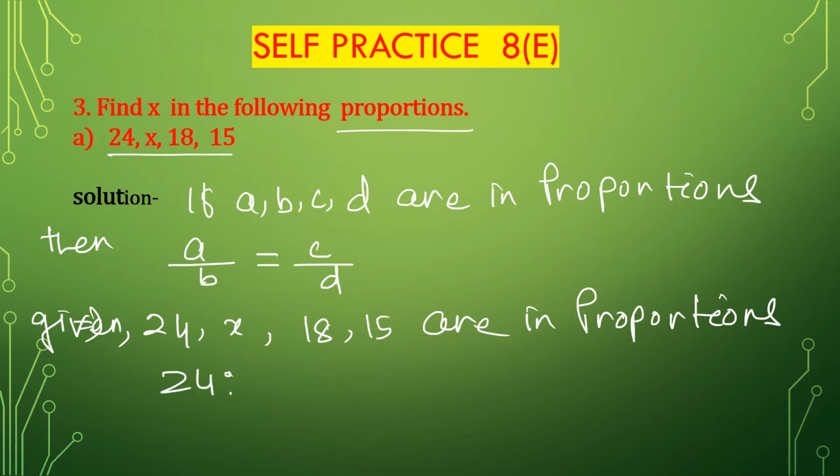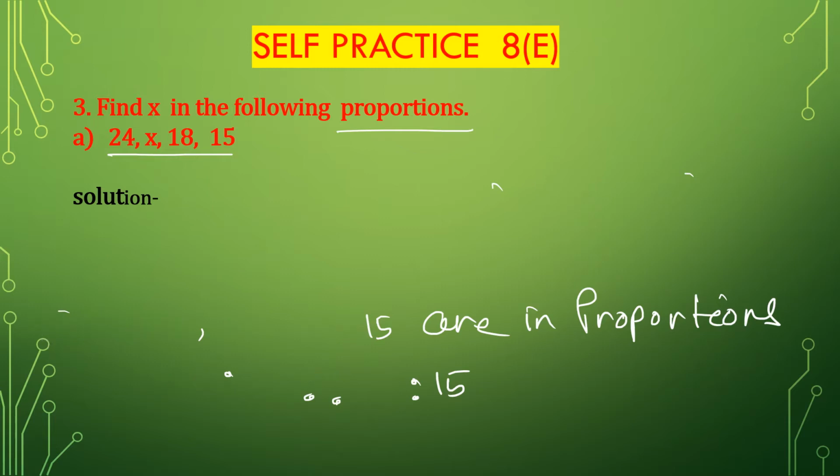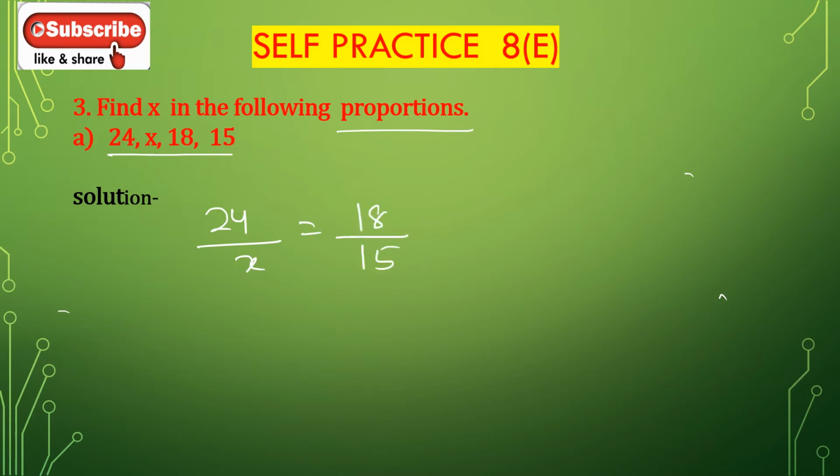That is, 24 is to x is proportional to 18 is to 15. So 24 divided by x is equal to 18 divided by 15.